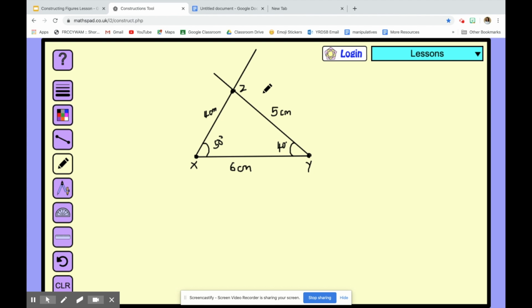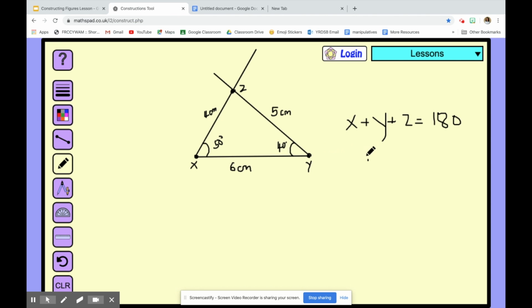Some of you might be saying, you know that X plus Y plus Z should equal 180 degrees. So if I add up X and Y, what is 50 plus 40?